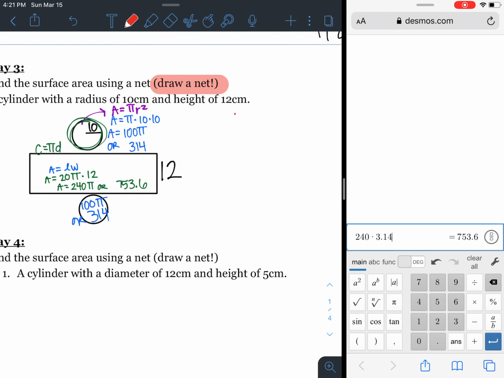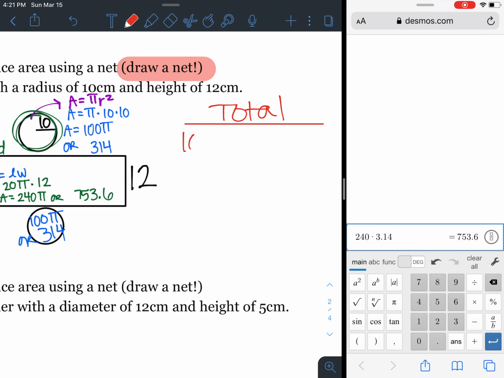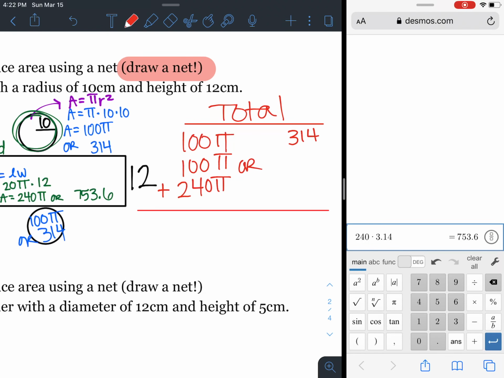Last step, find the total. And again, you can leave it in terms of pi if you want, so we can either do 100 pi. We've got another circle that's 100 pi. And then the middle was 240 pi. We're going to add those all up. Or 314, 314, and 753.6.